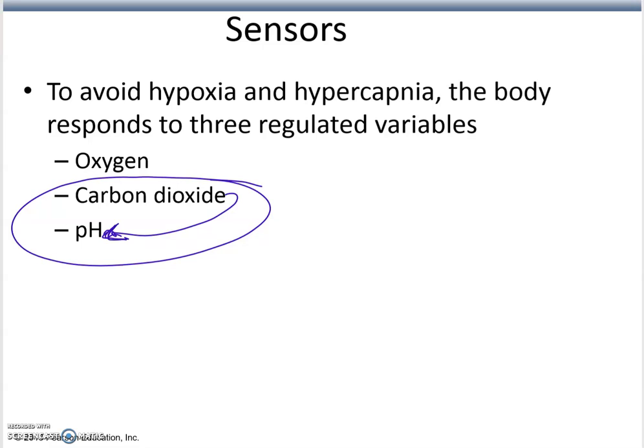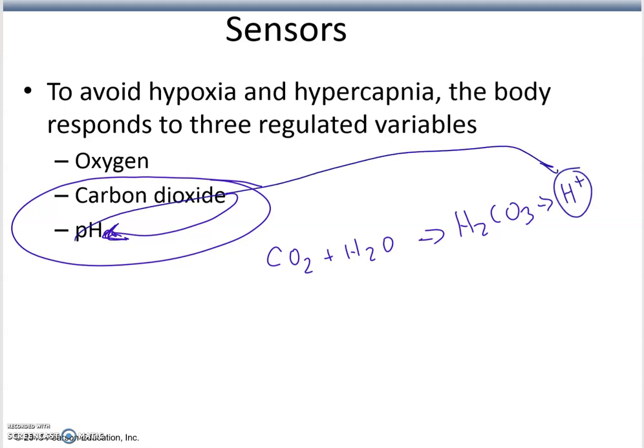So the equation that you need to know, and I've put this up a few times, is that CO2 plus water creates carbonic acid, H2CO3, and that dissociates into hydrogen ions, and of course that is your pH right here, affecting the pH, plus HCO3 minus bicarbonate ions.